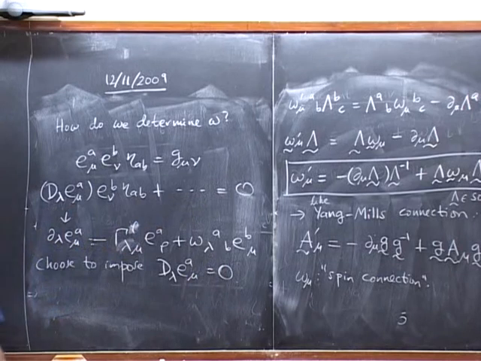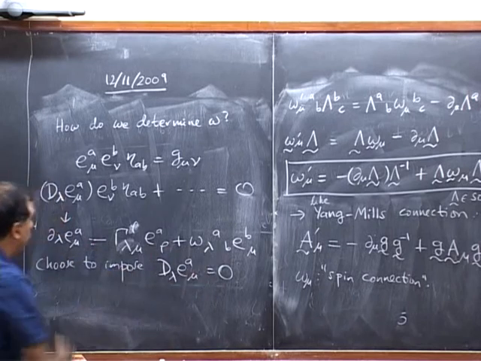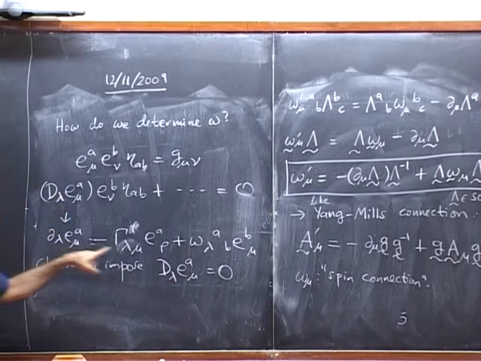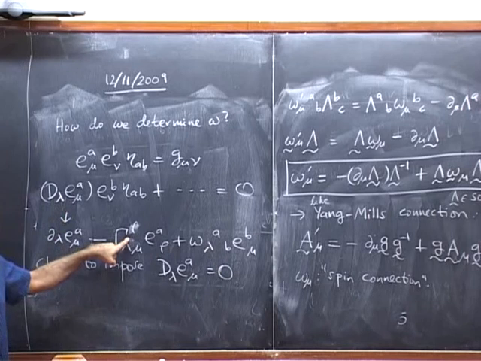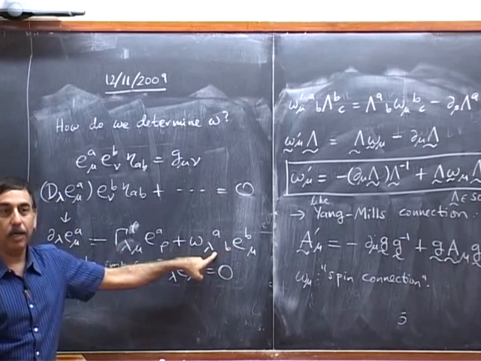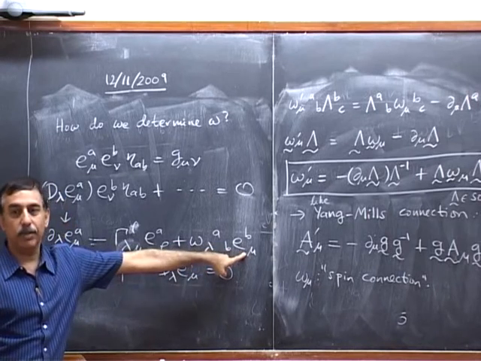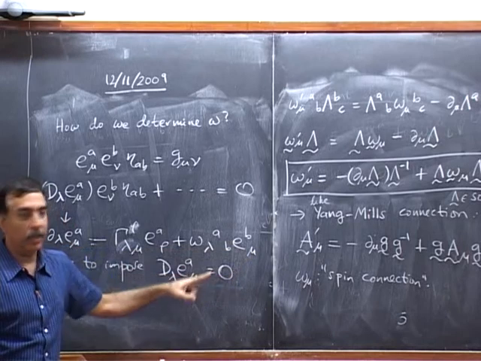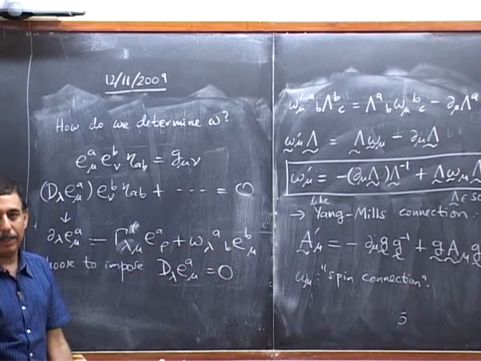This corresponds to a particular choice of spin connection, because if you look at this equation and make it vanish, you see that we know everything. This is the derivative of e, this is gamma of g, but g is determined as e times e transpose, so it's a function of e. The only unknown is omega, and this e is invertible, so we can remove it from here. We can solve this equation for omega.